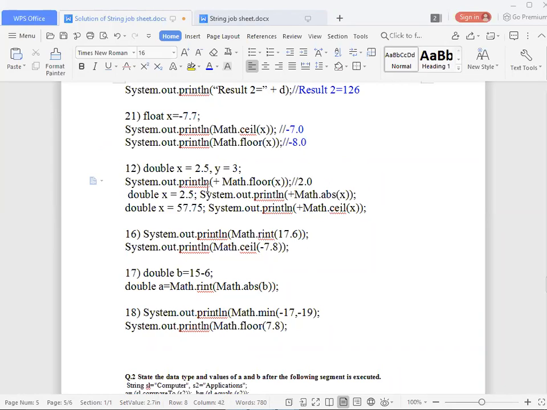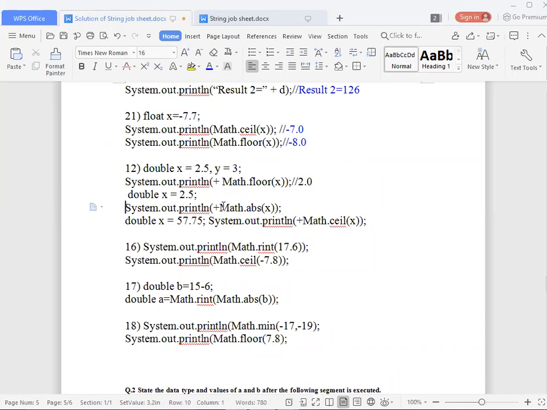Then 2.5. This plus is nothing over here, this plus is also a typing mistake. ABS: the same value is going to be written because ABS will give you the absolute. Absolute means it will remove the minus sign. It doesn't mean it is removing any decimal values, only the minus sign. So 2.5 as it is.